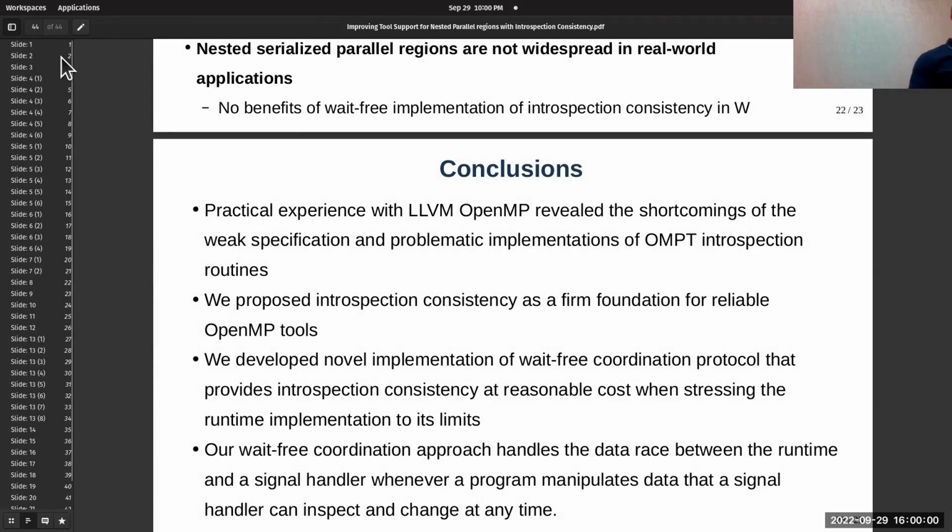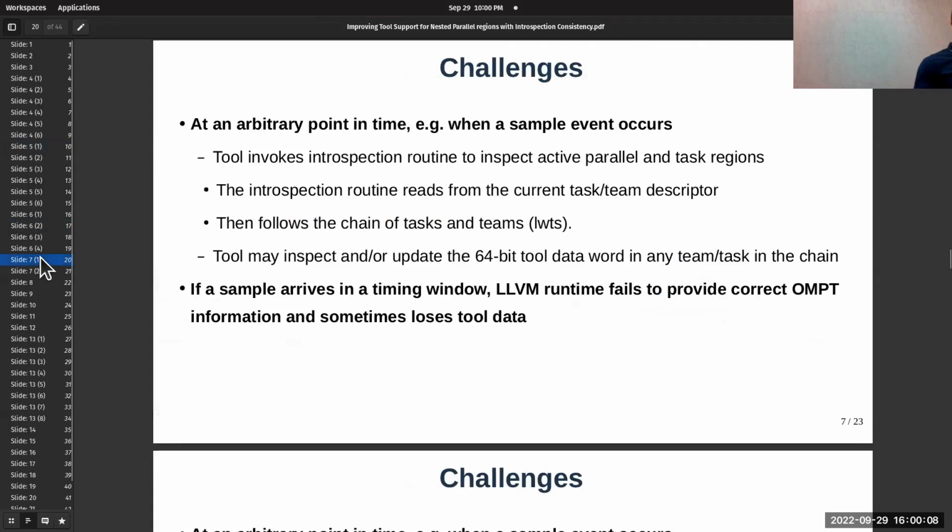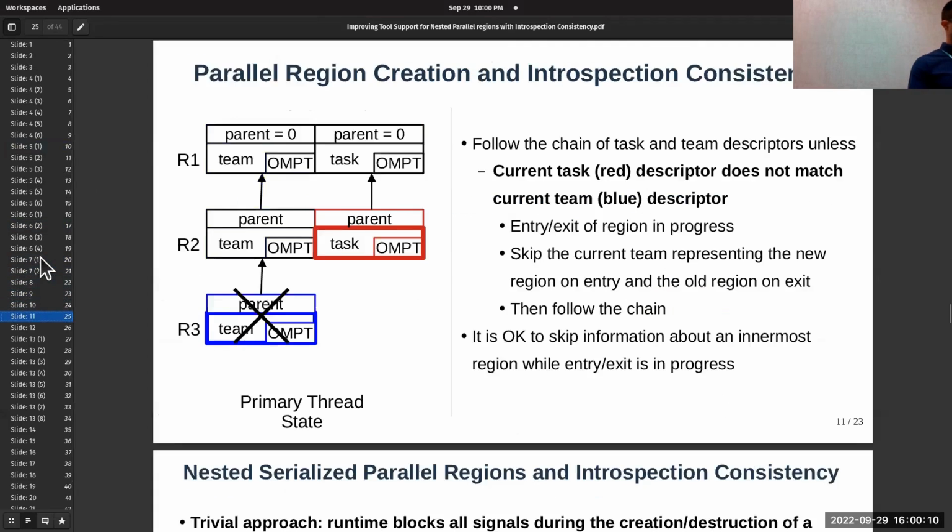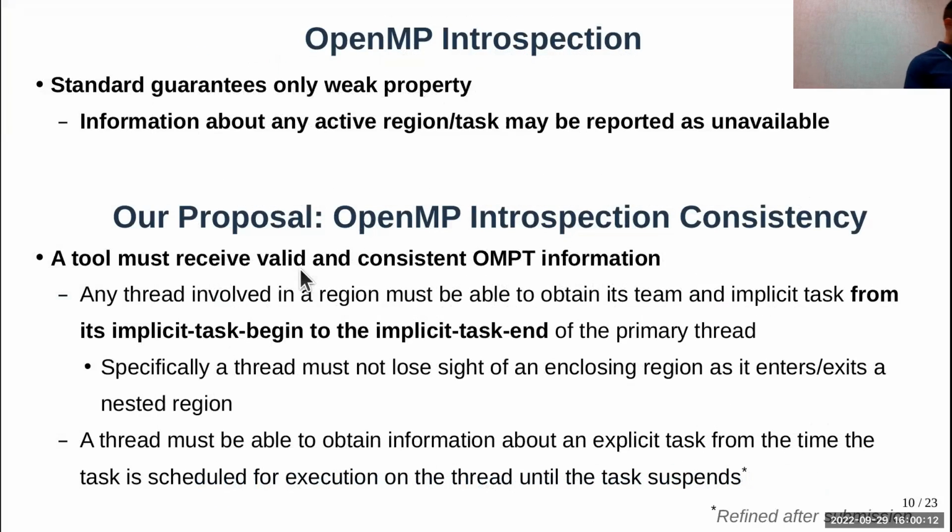Thanks for the talk. Could you state again, maybe simply, what you would say are the semantic clarifications that you would like to see? Basically, what we want to say is that when a thread is involved in a region, after the implicit task begin of that thread, basically the thread is executing the code of the implicit task of that region, it should always provide information for that region.